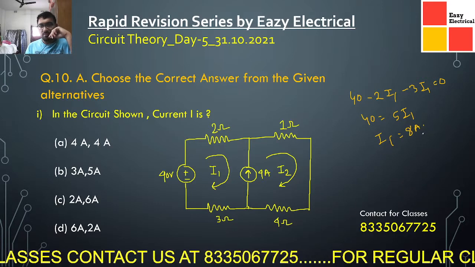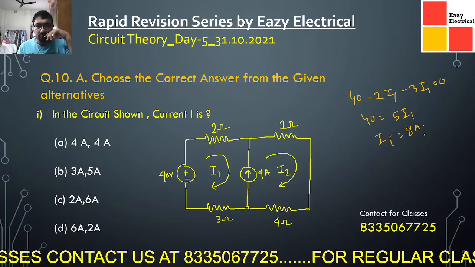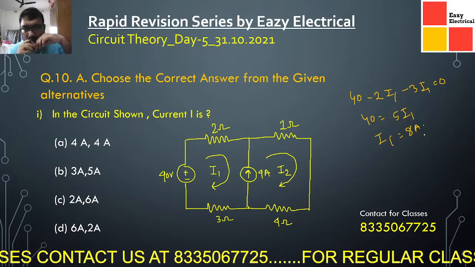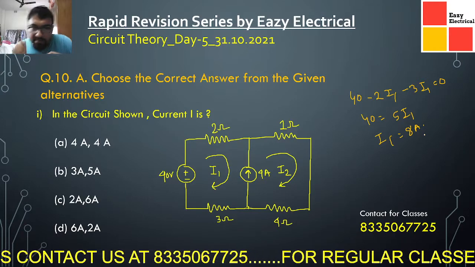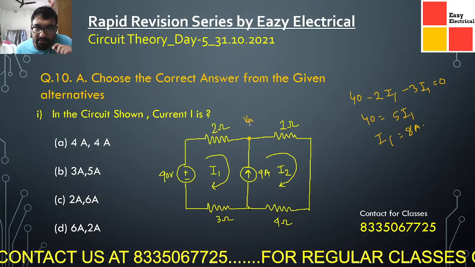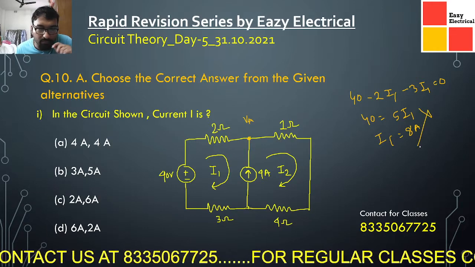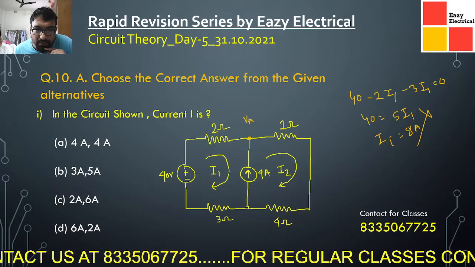So this is actually making some mistakes, right? Some mistakes are there. So what we need to do here is, first of all, just apply KCL here, not KVL. This is not correct. If you just write a KCL equation here, what will you get? You will get 40.